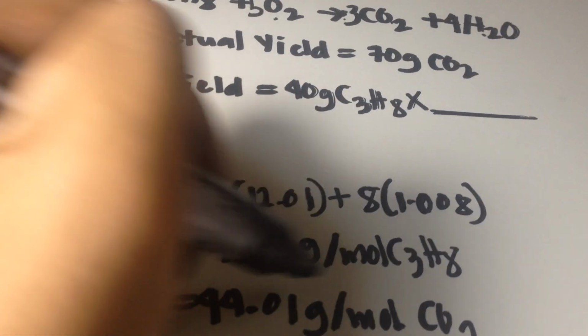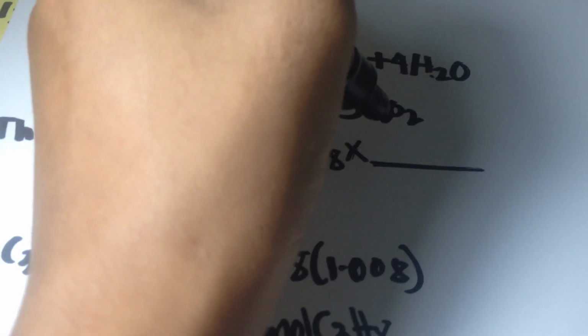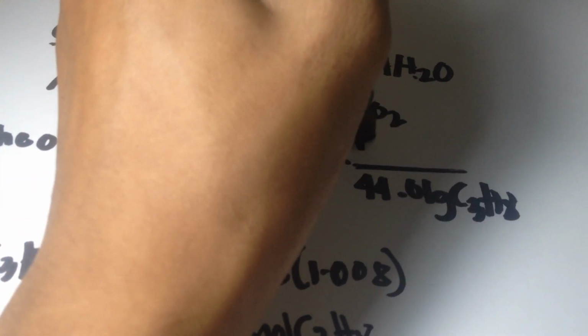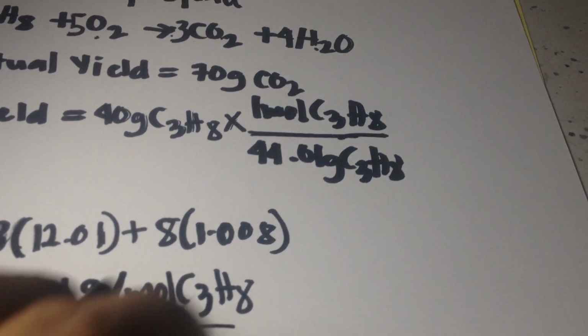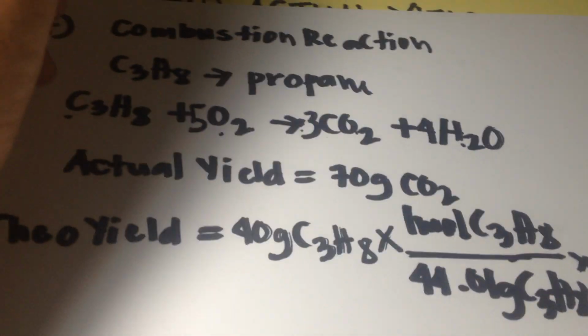So, times the molecular weight, we have 44.01 grams of propane, and then we have 1 mole of propane, times the reaction, which is 1 mole of propane here.